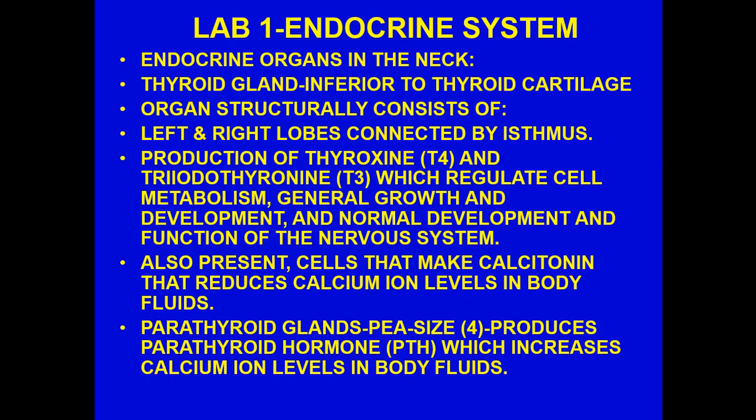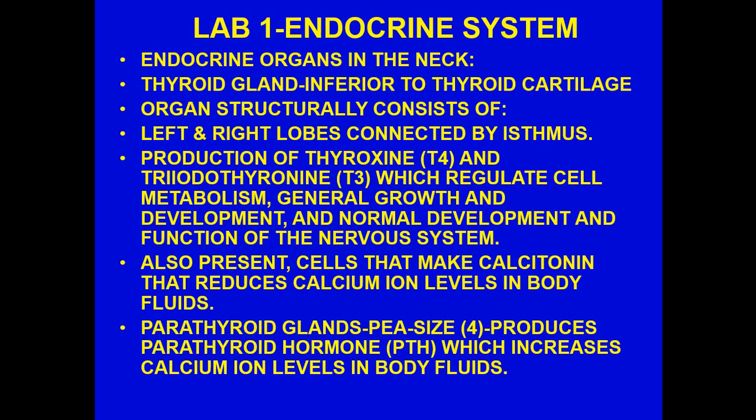Now, after we've gone through all of the structures in the head, we have to move into the neck. There we have the thyroid gland, which is inferior to the thyroid cartilage. The organ structurally consists of a left and right lobe that is connected by an isthmus, a smaller amount of tissue. It's all thyroid tissue.